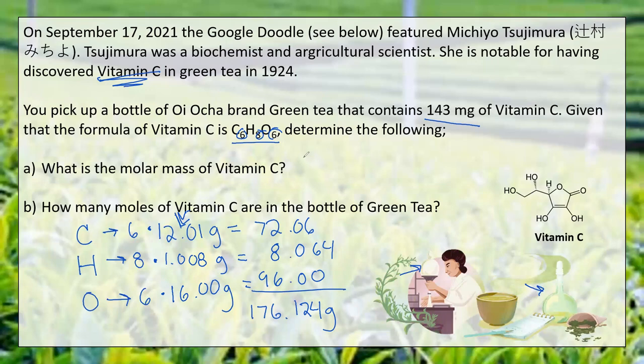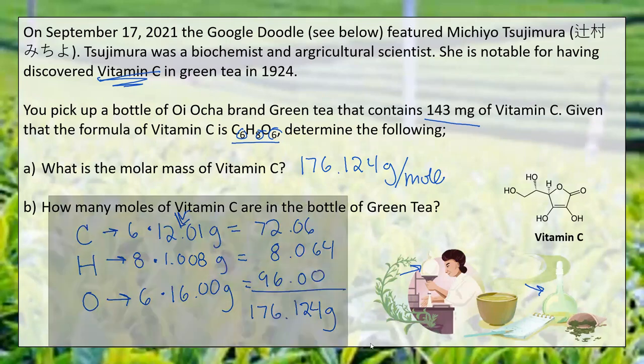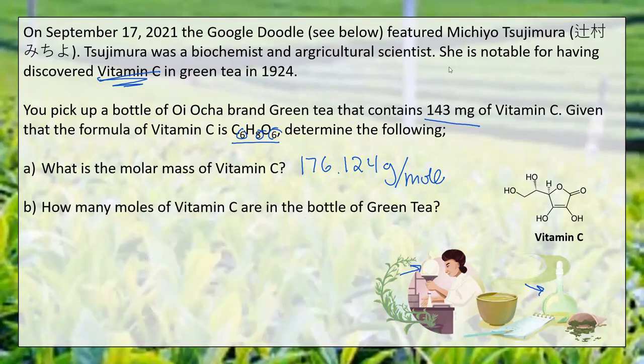So I'm just going to write down 176.124 grams per mole here for our reference, and then clear up some space to figure out how many moles that is in our bottle.